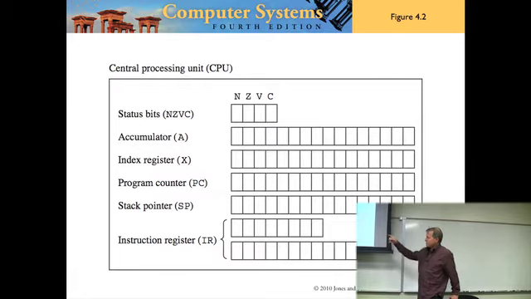Okay. The next register is called the stack pointer, abbreviated SP. Whenever a program executes, particularly when you call a function, it has a location on the stack.